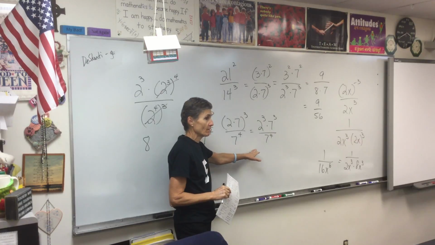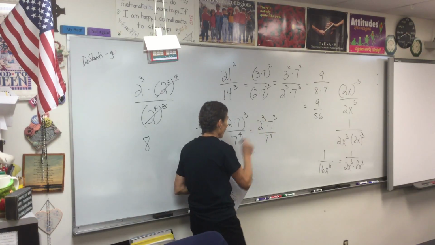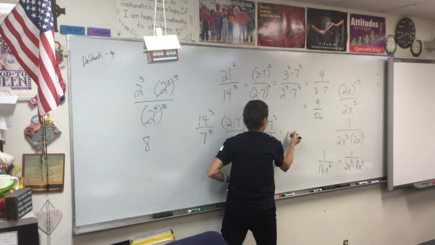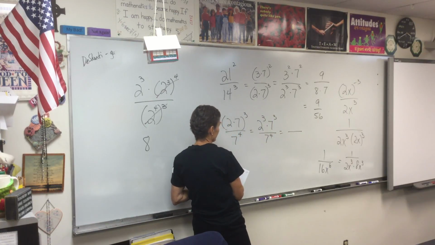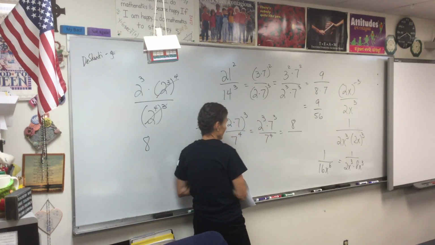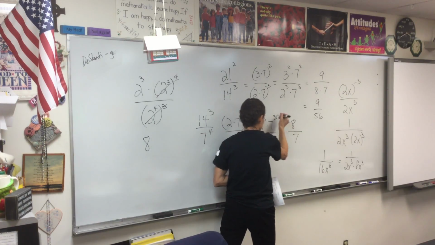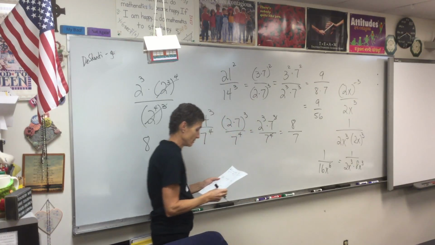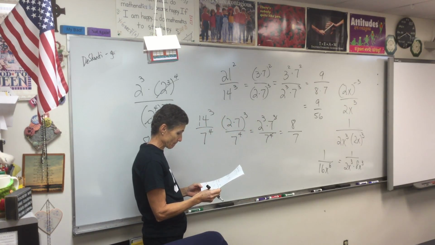Is that all right with everybody? Now I can cancel. So what am I left with on the top? 2 cubed or 8. And what am I left with on the bottom? Just a 7, because those 3 are going to cancel into those 4.